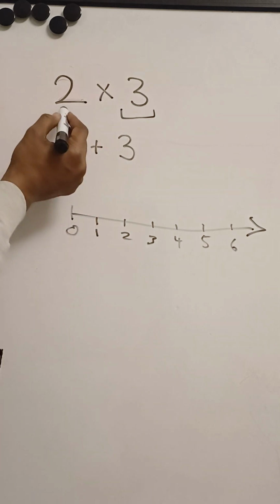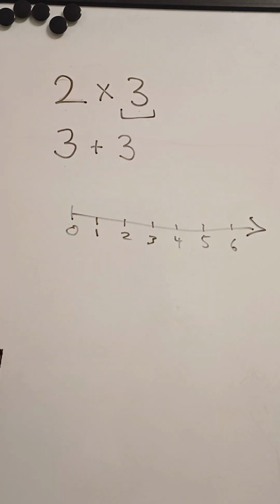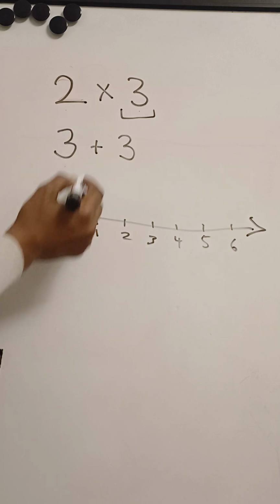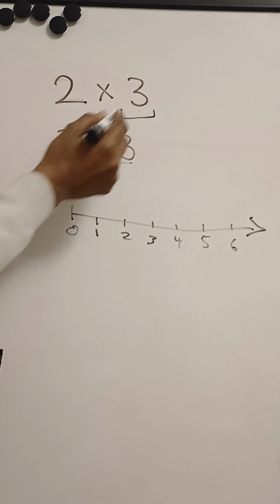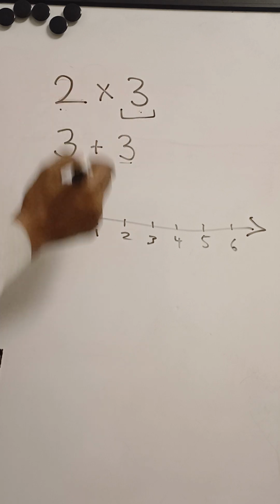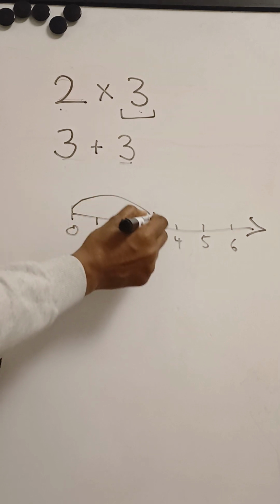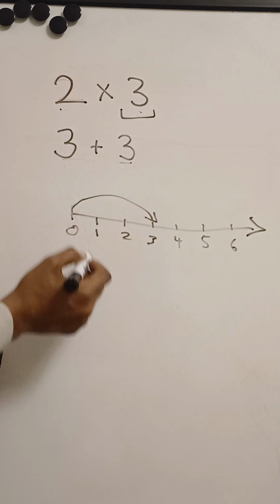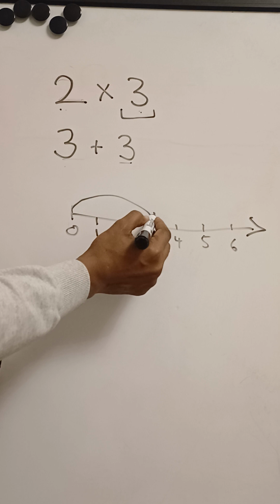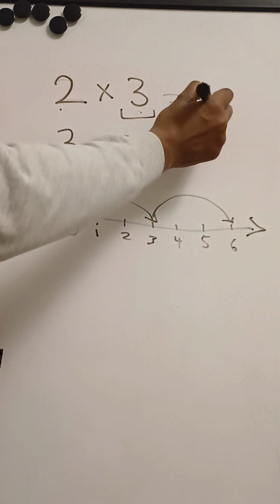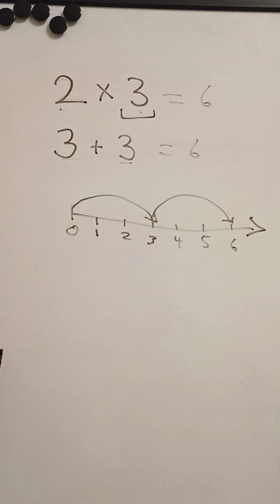So when I say 2 times 3, that means as if I'm saying 3 plus 3, adding 3 to itself 2 times. So I move 3 steps to the right, because it's positive, and moving another 3 steps to the right. We end up with 6. Right?